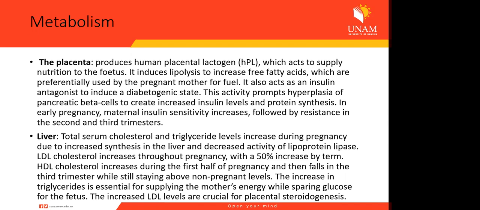There's increased synthesis of cholesterol and triglycerides by the liver during pregnancy. LDL cholesterol increases throughout pregnancy with a 50% increase at term. HDL cholesterol increases during the first half of pregnancy, but falls during the third trimester and may stay a little above non-pregnant levels.